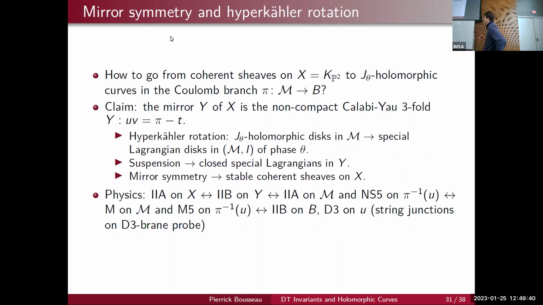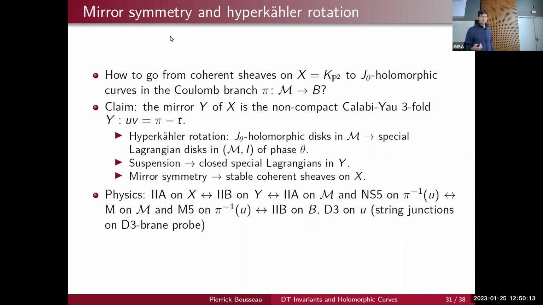And the claim is that it should be possible, and it relies on the fact that the mirror geometry Y of local P2 is actually very closely related to this apicular geometry M. More precisely, the mirror Y of X is a non-compact threefold that you can describe as some affine quadratic bundle over M, which is ramified over a fiber of the fibration.